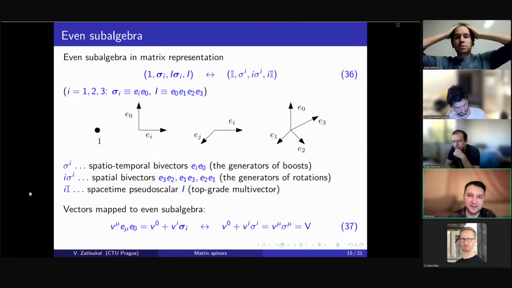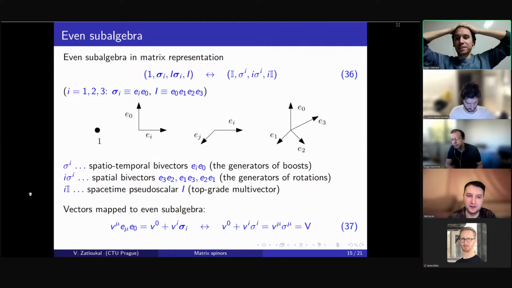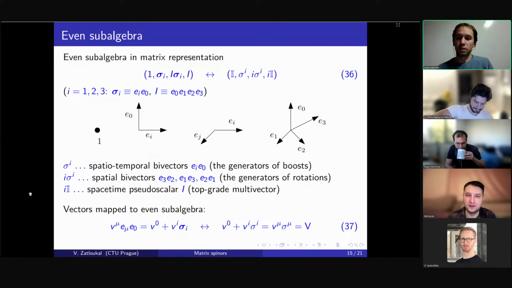Yeah, then you have to distinguish whether your i is the pseudoscalar, or whether it's just the i of the scalars, the field over which you are making your vector space in geometric algebra.